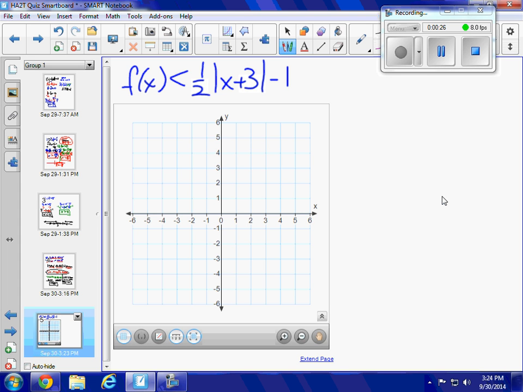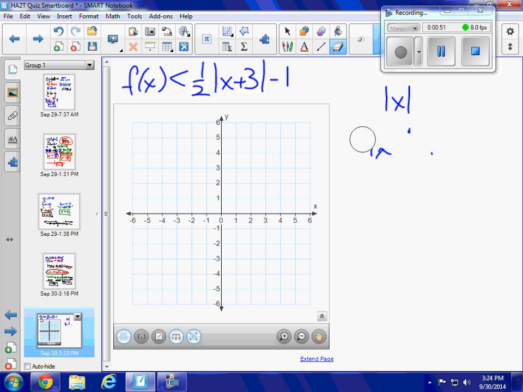So in order to graph this, I'm going to start with my parent function, which is the absolute value of x. If you remember, we have a times the absolute value of x minus h plus k, and whenever we want to find the parent function, we just get rid of the a's, the h's, and the k's, and we find that our parent function is the absolute value of x.